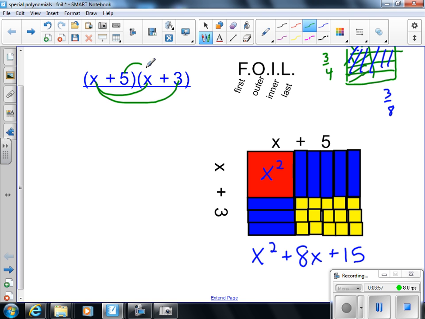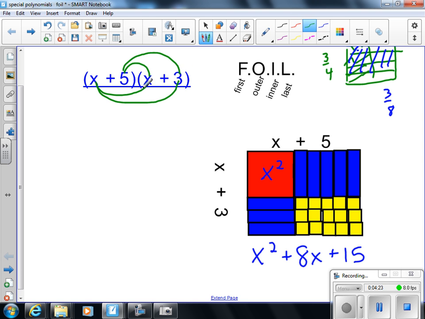Then we take the two inner terms and the two last terms. And you see it looks kind of like a crescent moon, doesn't it? If you do those correctly. Now, do you have to do them in that order? No. But you do need to make sure that you distributed this x with both terms over here, and then I distributed the 5 with both terms in the second factor.